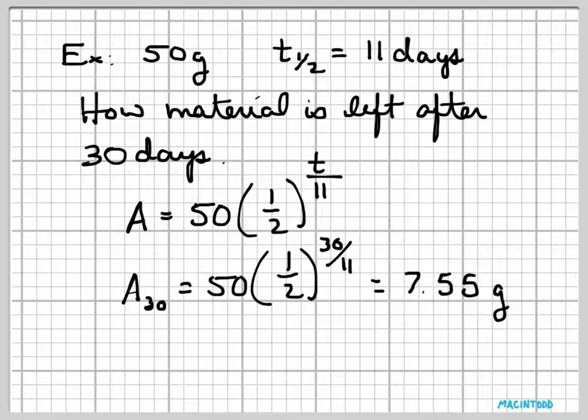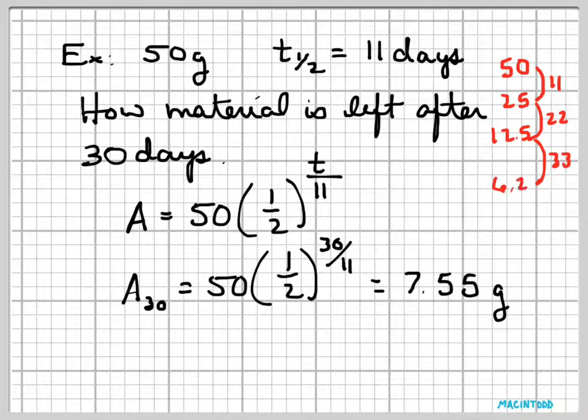Quickly, we'll start with our 50 grams, and after one half-life, that's 11 days, we'd be down to 25. After another half-life, that's 22 days, we'd be down to 12.5. If we do one more half-life, that's 33 days, we'd be down to 6.25.